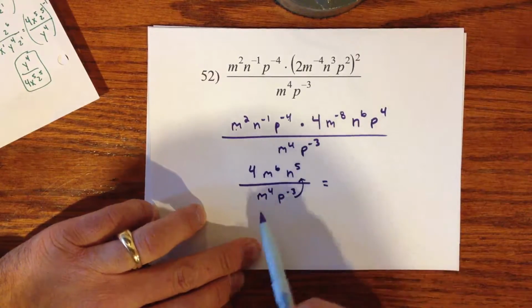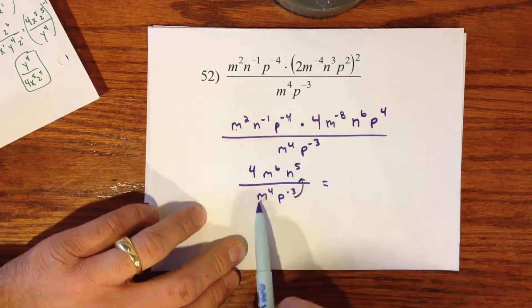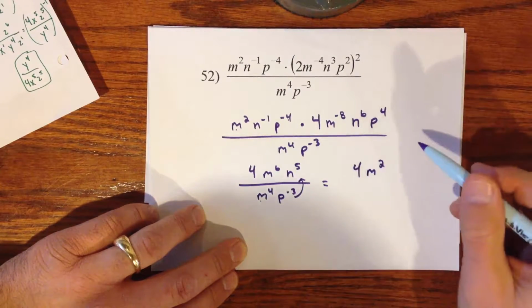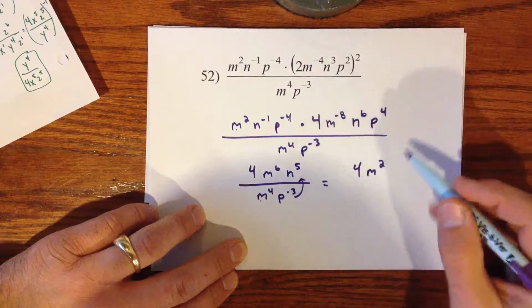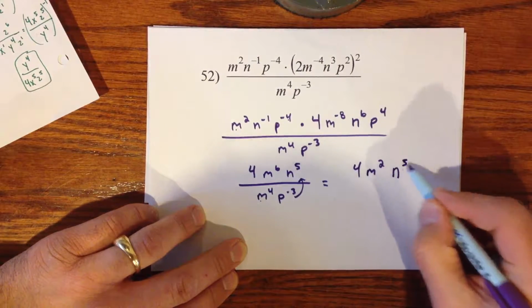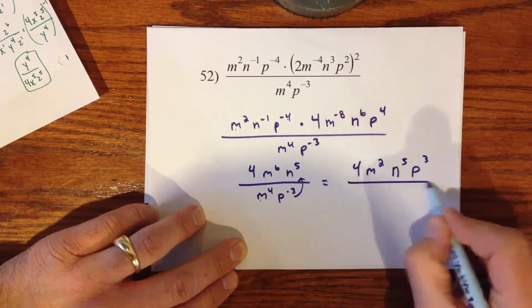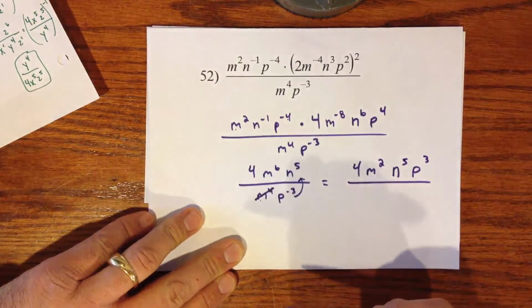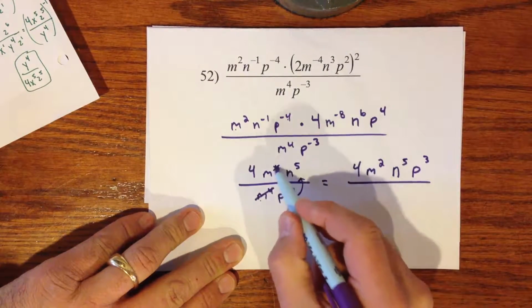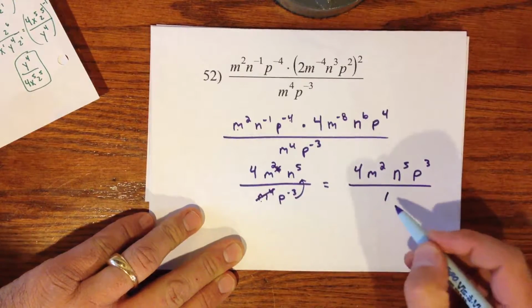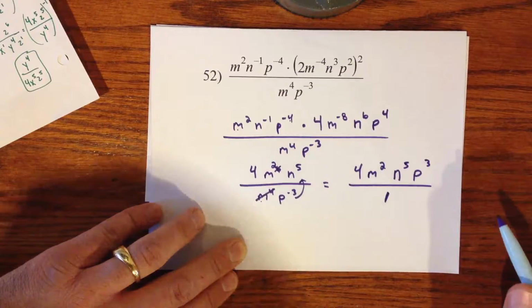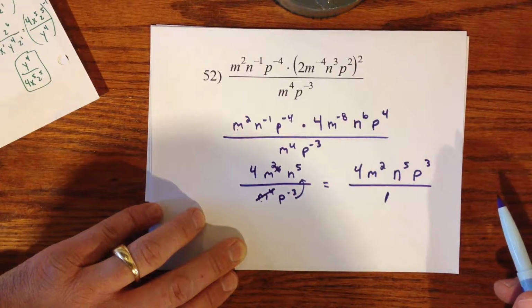And at the same token, there's 6 here, there's 4 there, so there's going to be 2 left on top. So I have 4m squared n to the 5th, the p to the 3rd is going to come up. And all 4 of these canceled out, and there's only 2 left of these. So since this moved and this canceled out, you're only left with a 1 on the bottom.